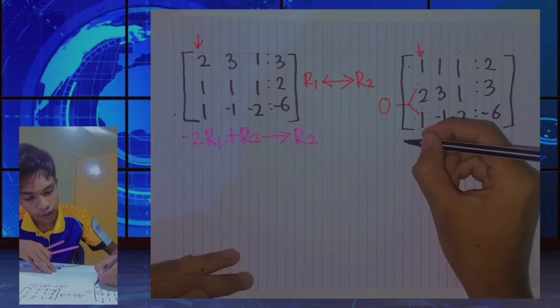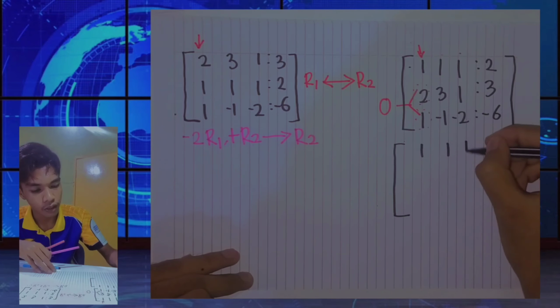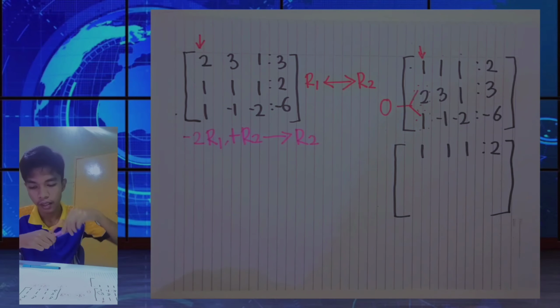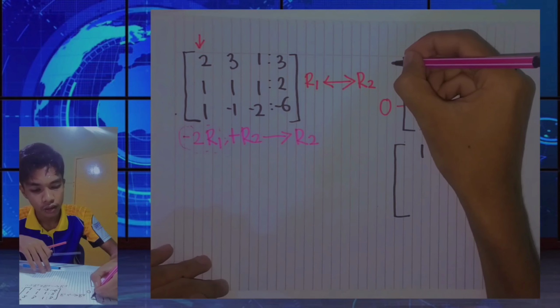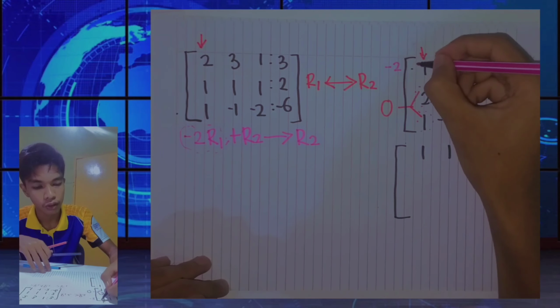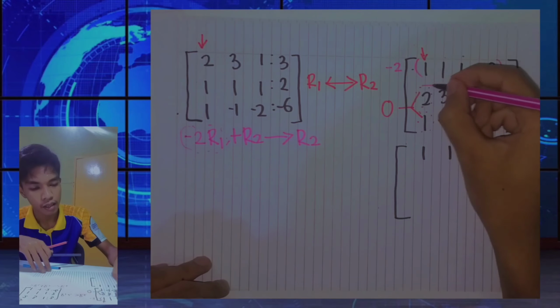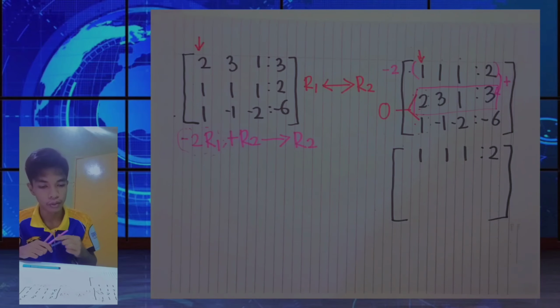So here the operation will be like this. The first row is unchanged, 1, 1, 1, 2, and here we need -2 times row number 1, plus row number 2.